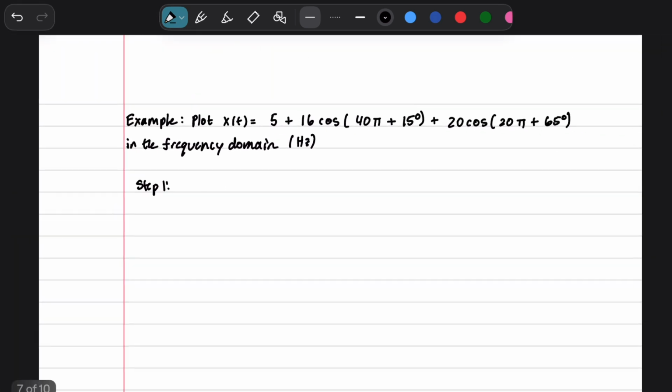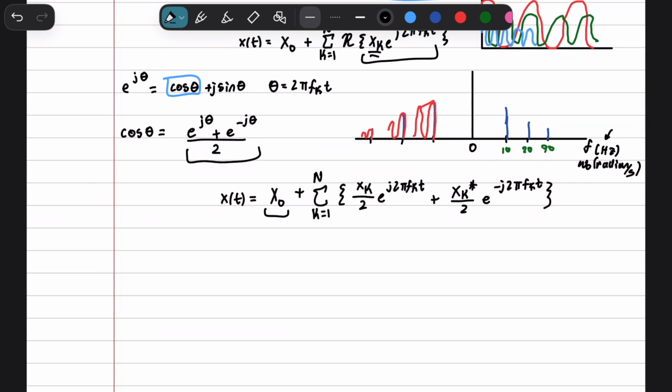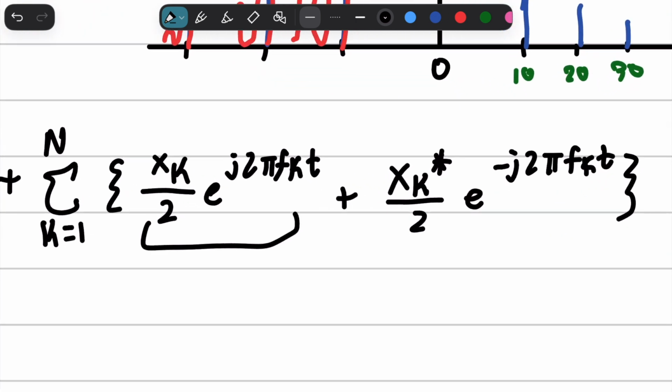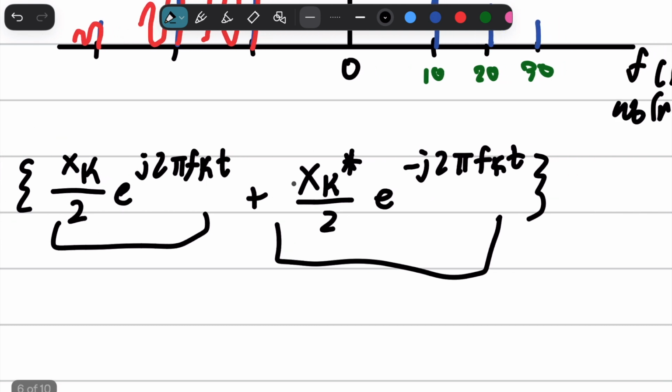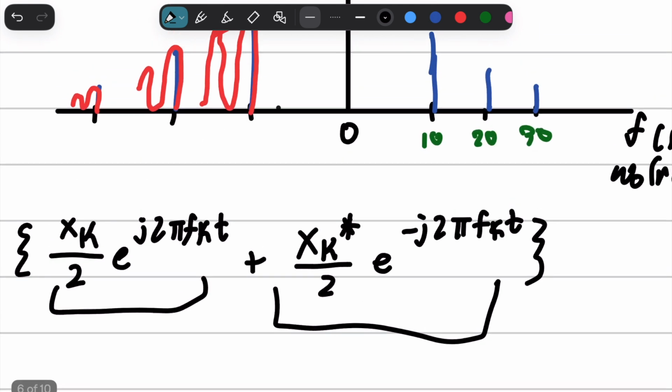So the first step we're going to do is we're going to try to represent this right here. So we want to get this x sub k divided by 2, and we want the complex conjugate x sub k divided by 2 as well, because we're effectively moving the energy, splitting them between the two sides.